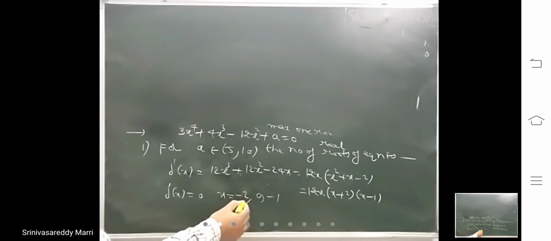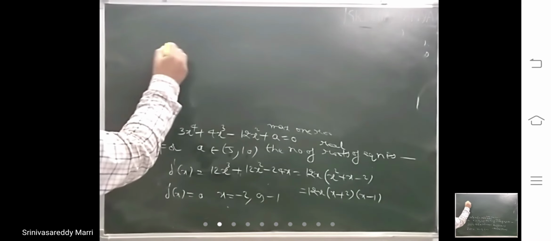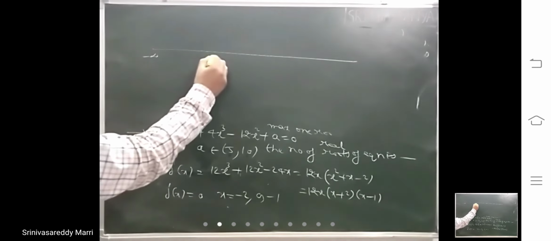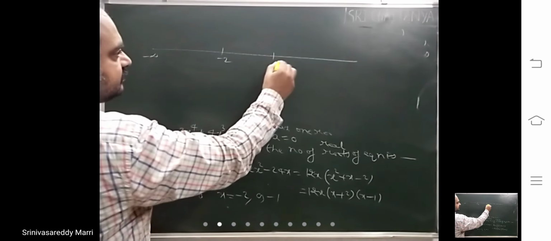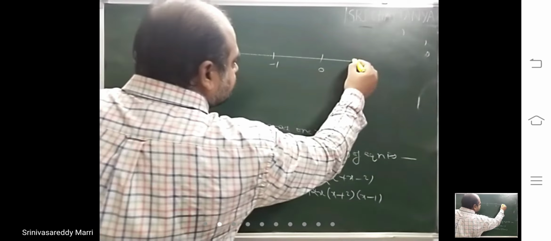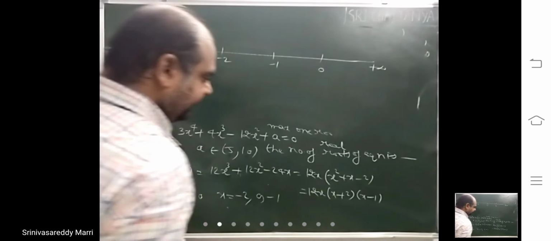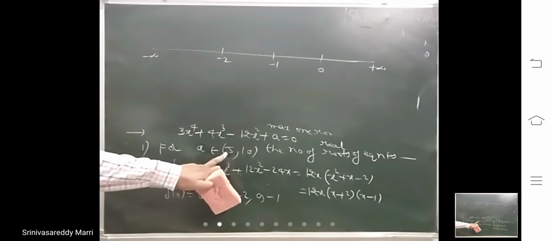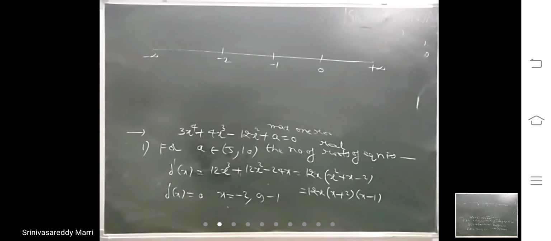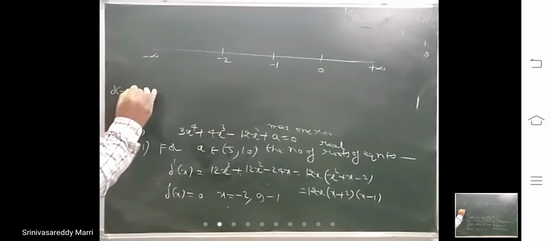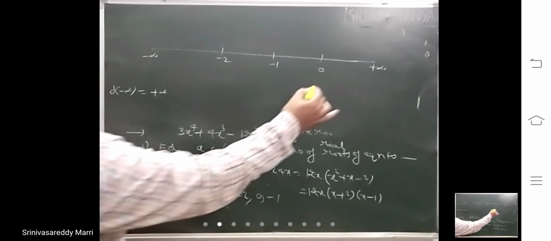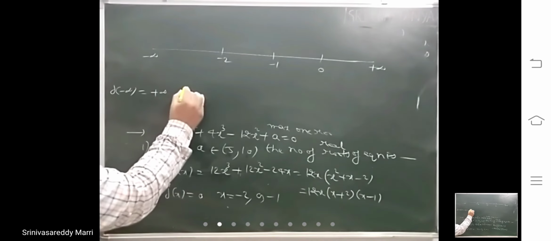Now I am calculating, look at, I have to construct the graph. Minus 2, 0, 1, plus infinity. According to this, because a is also given. Now look at f of minus infinity is even power of plus infinity, so f of plus infinity is plus infinity.